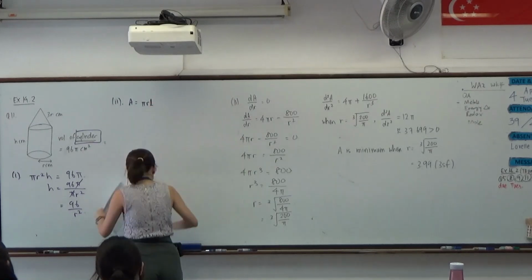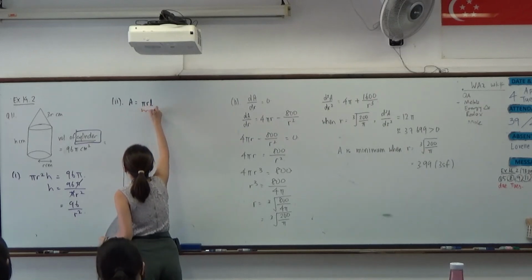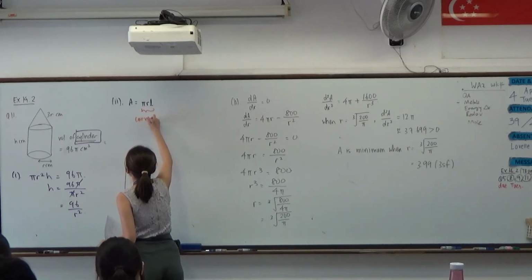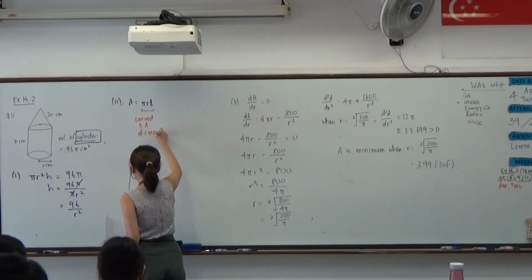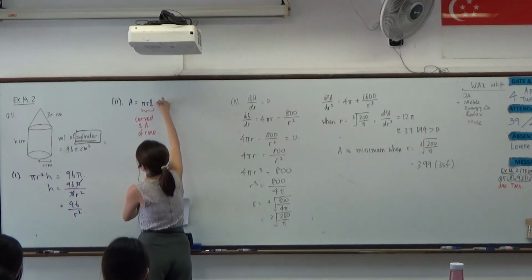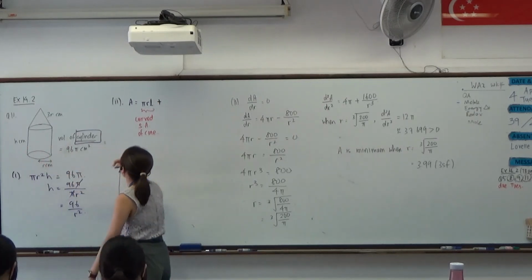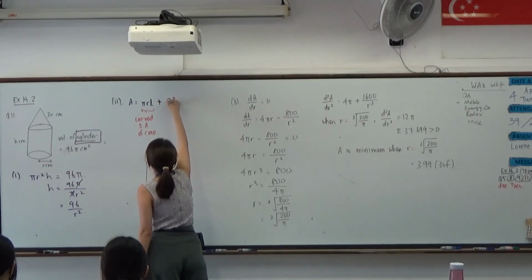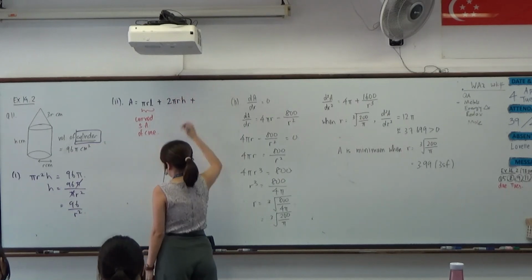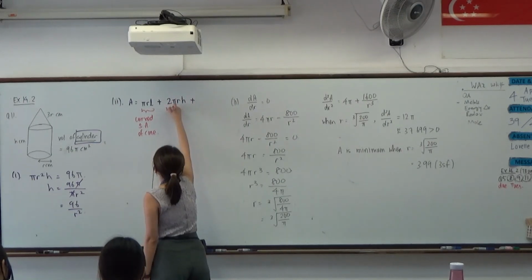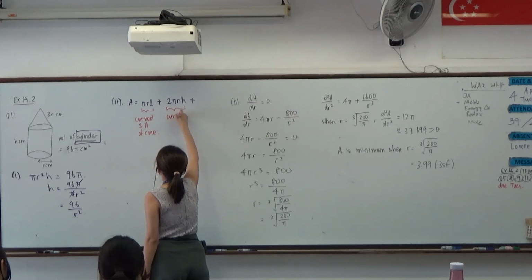This is the formula for curved surface area of cone, plus curved surface area of the cylinder will be 2 pi RH. Just putting down the formula first.